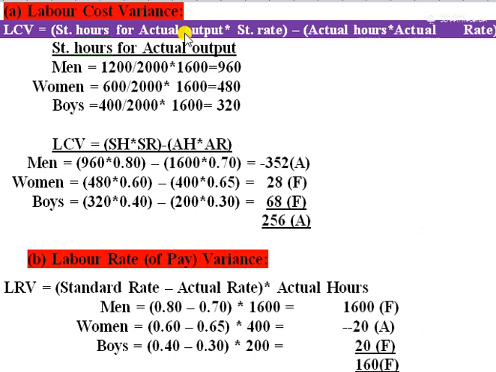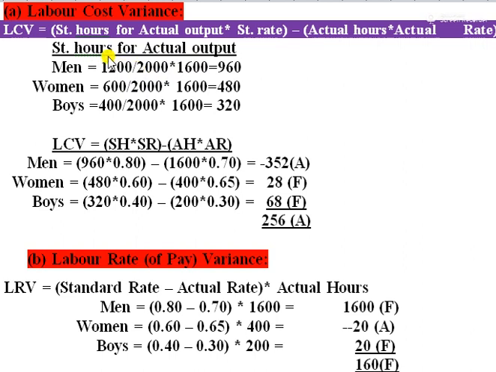The actual output is 1600, standard output is 2000, but we need to calculate standard hours for actual output. See, standard hours for men is 1200, total standard is 2000, actual output is 1600.